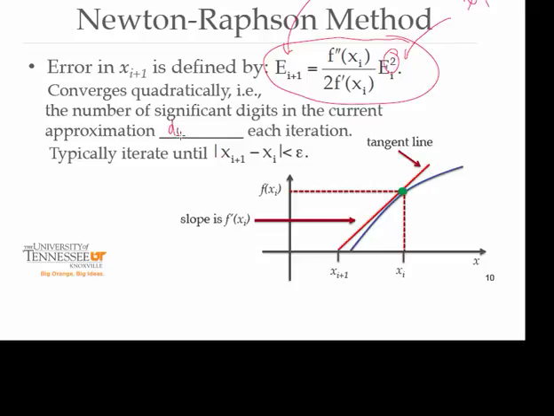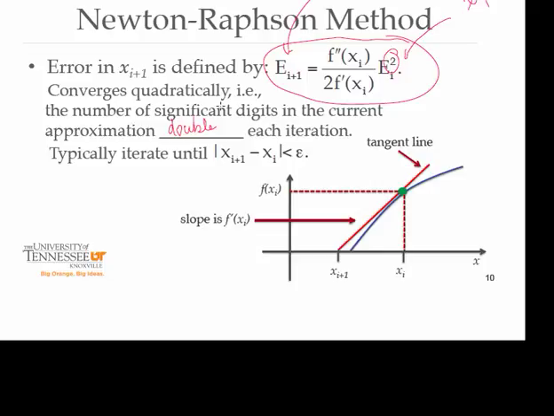You would get double the number of decimal digits in accuracy every iteration, so that it would converge very quickly. When you get 2 digits, the next iteration you would get 4, the next iteration you would get 8. You'd be doubling the amount of accurate significant digits in your estimate.